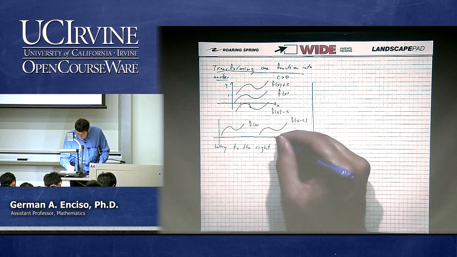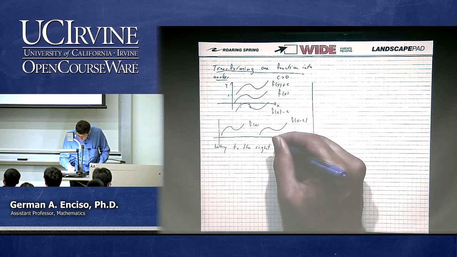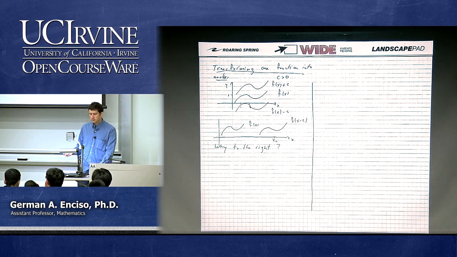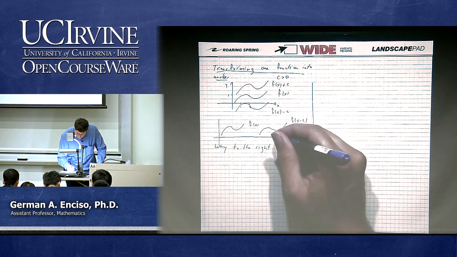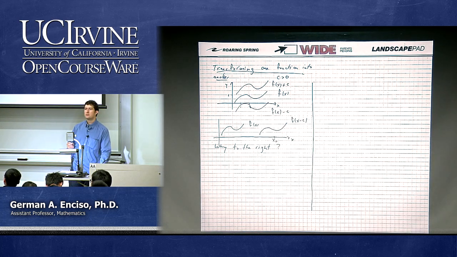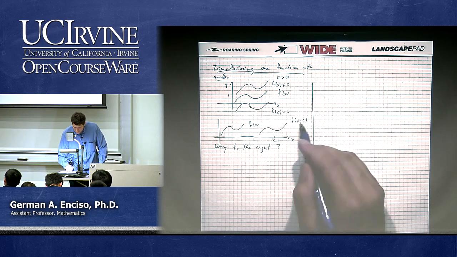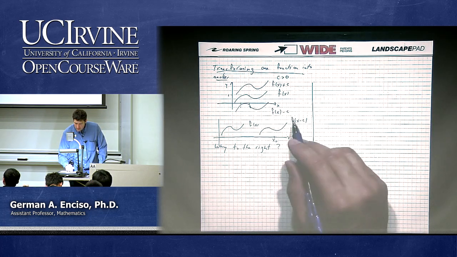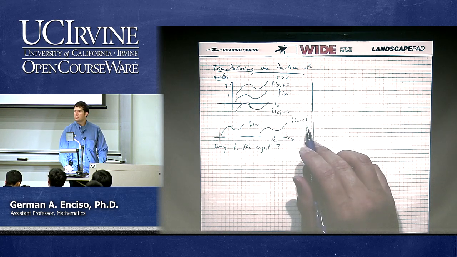Suppose that you take a value, let's call that value x0. And we want to evaluate this new function at x0. So this function evaluated at x0 is equal to f of x0 minus c, by definition.